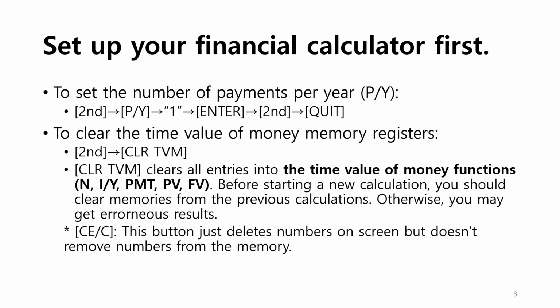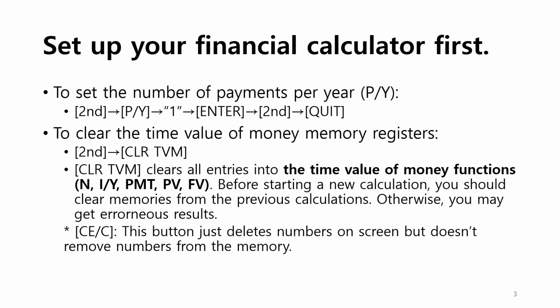So let me explain about this second button. When you look at the financial calculator, there are white characters printed on a button. If you press the button, the command of the white character printed on it will be executed. But if you look at the button very closely, there are small yellow characters printed above the button. If you press the second button, that small character command will be executed.